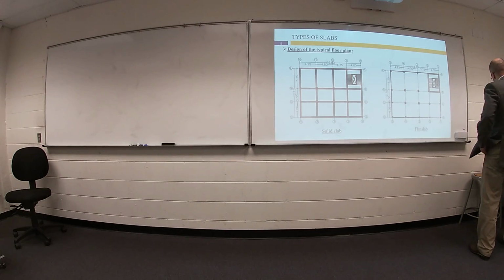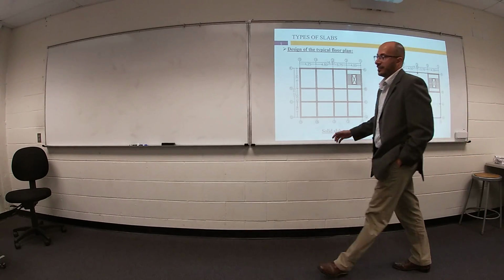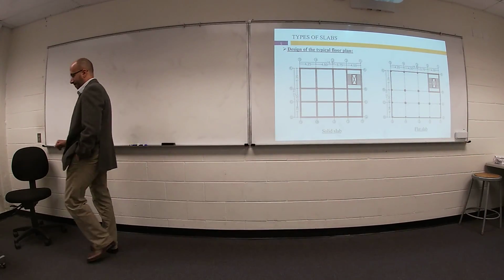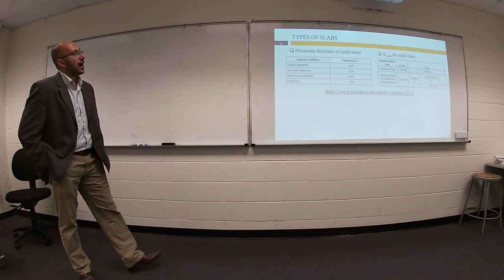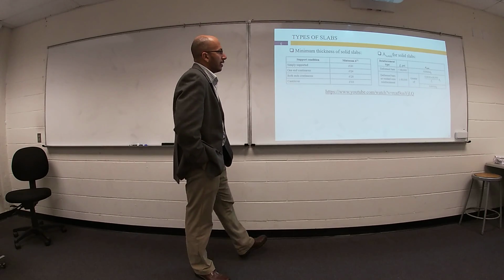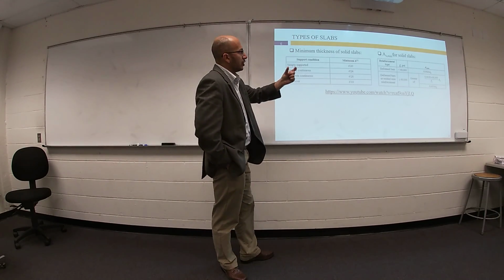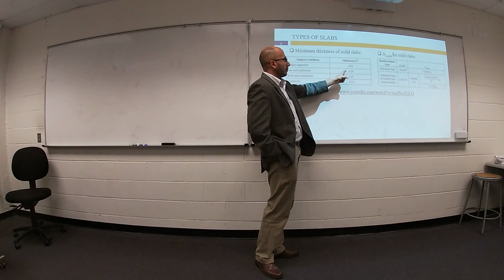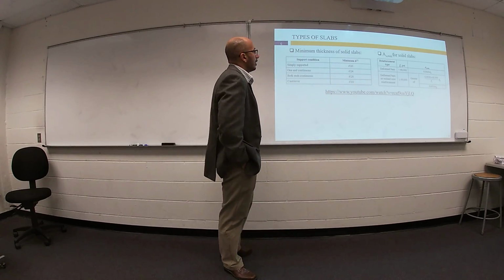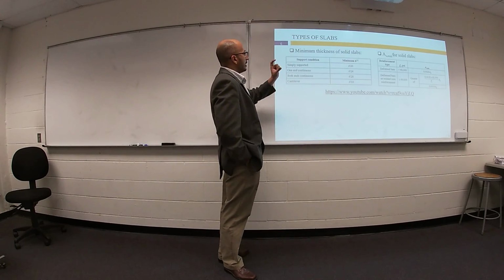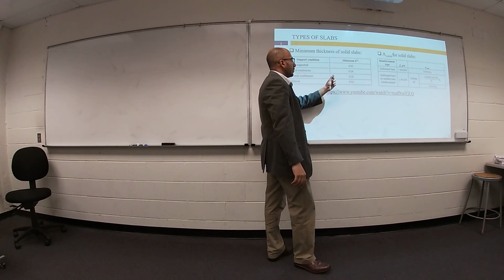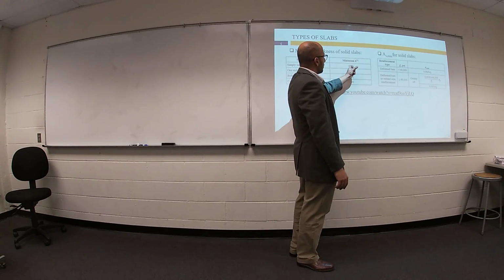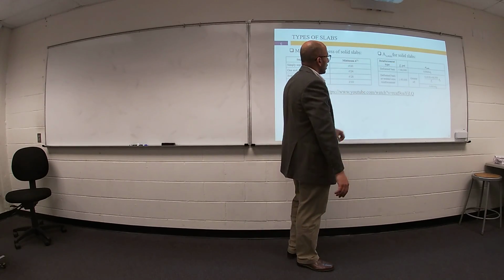Okay, let's see. According to ACI, you can get the thickness of your slab from these values. If your slab is simply supported between two beams only, you can get your thickness by span L divided by 20.